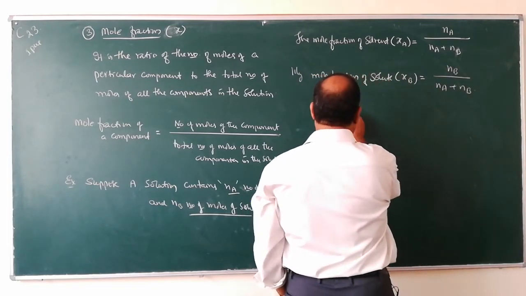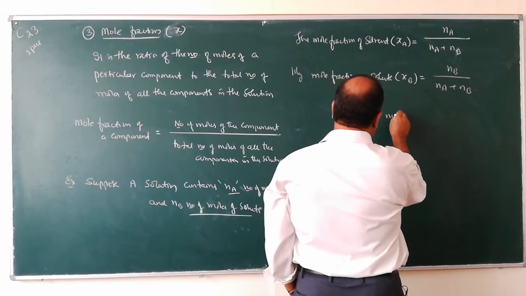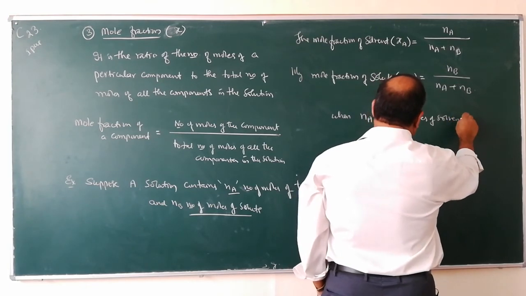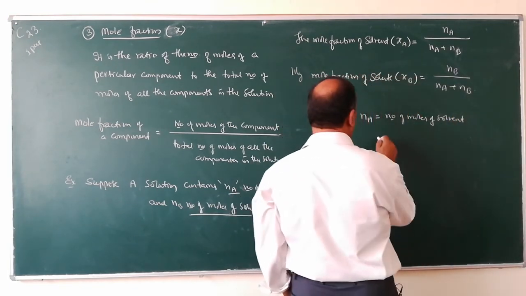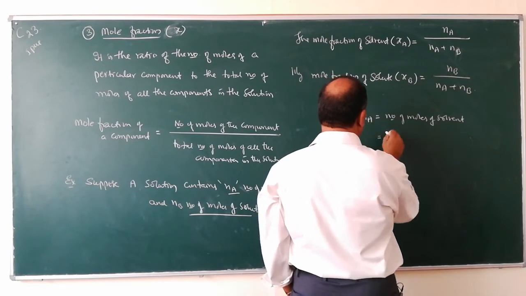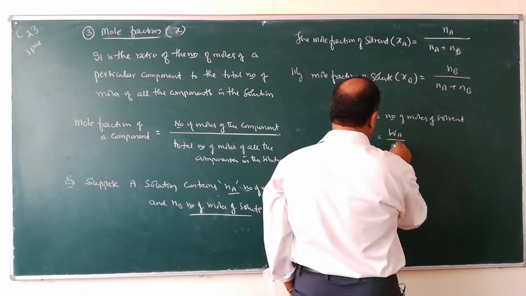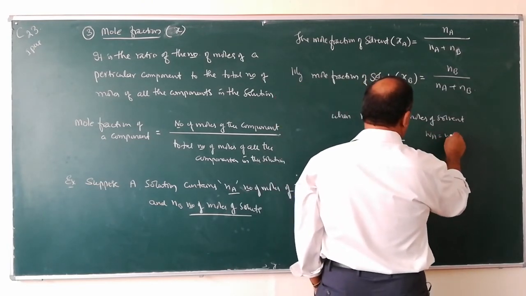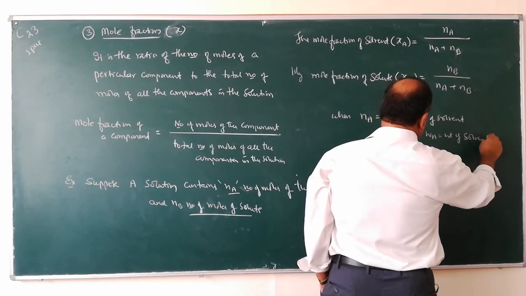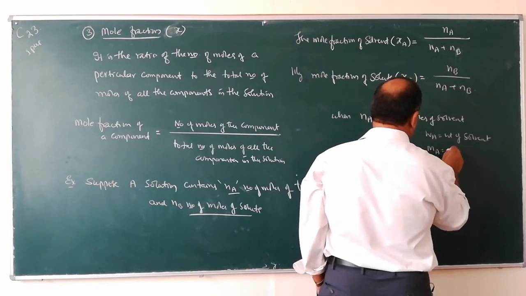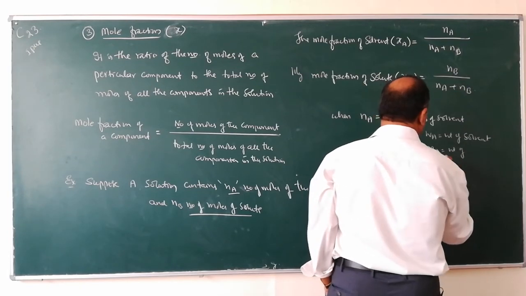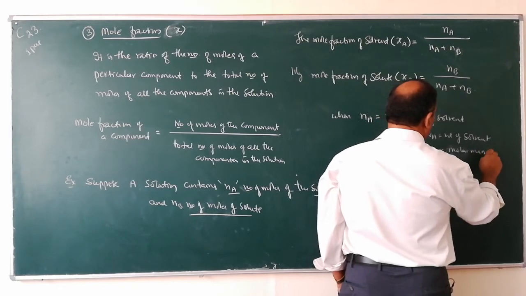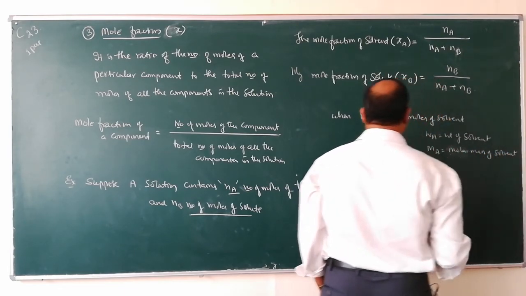Na equals Wa divided by Ma, where Wa equals weight of solvent and Ma equals molar mass of solvent.